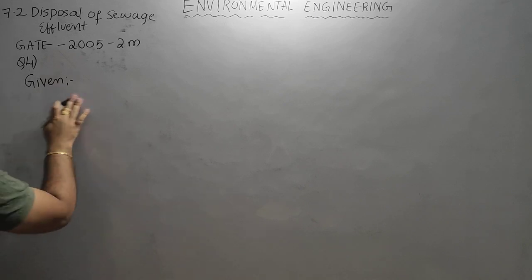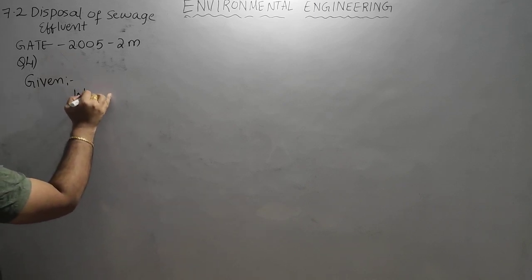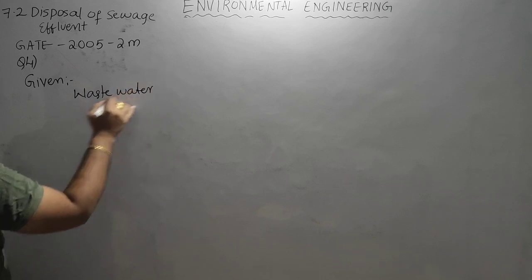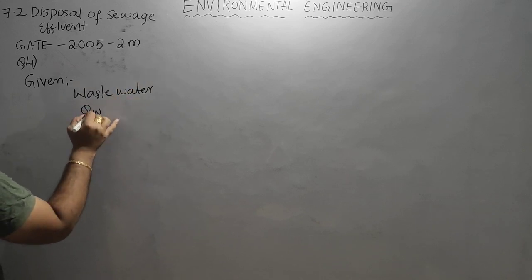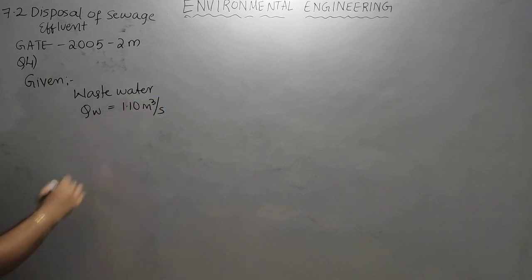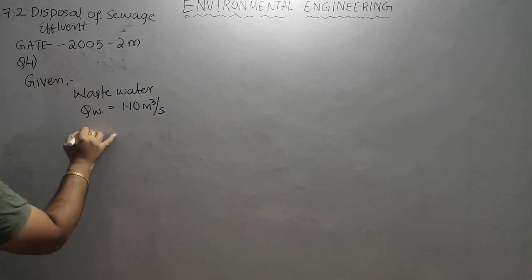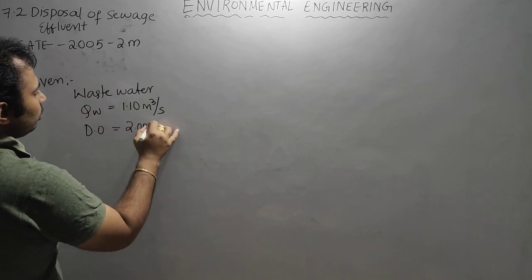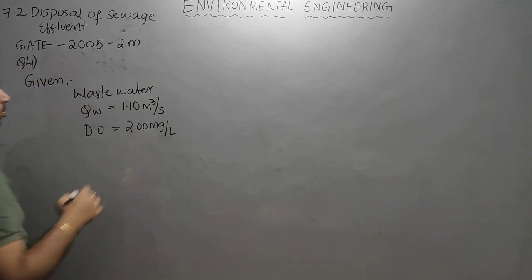Here a wastewater having some properties. So wastewater QW is equal to 1.10 meter cube per second, and DO, dissolved oxygen, is 2.00 mg per liter.